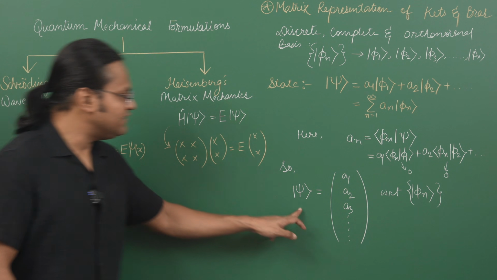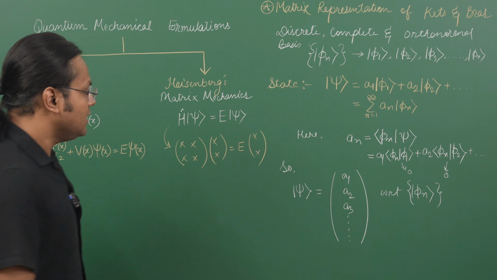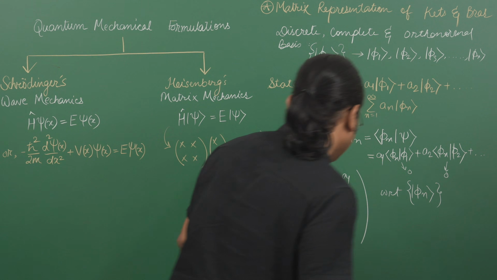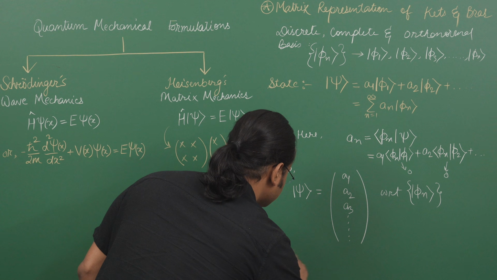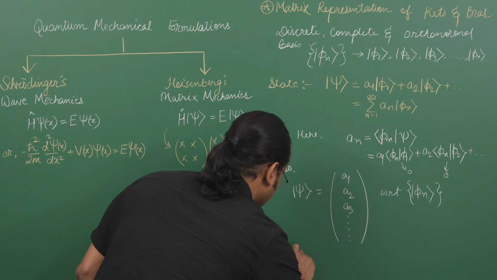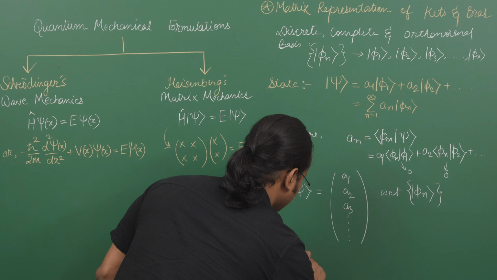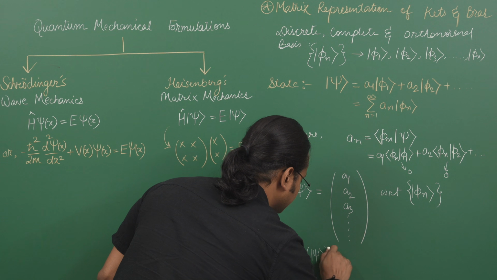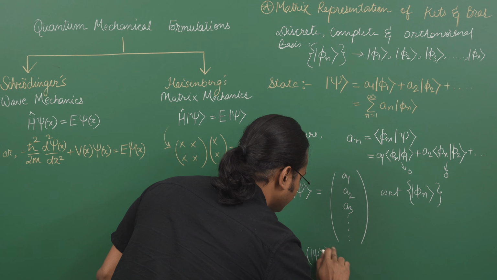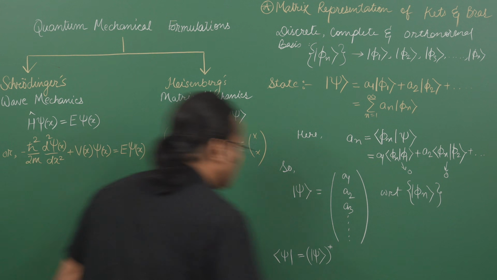And if this is the state vector which is written as a column vector, then the bra corresponding to this, and you guys are familiar with what the bra is, right? So the bra is essentially this, which is nothing but the Hermitian adjoint of its ket, right? Of its ket. So what does this give us?